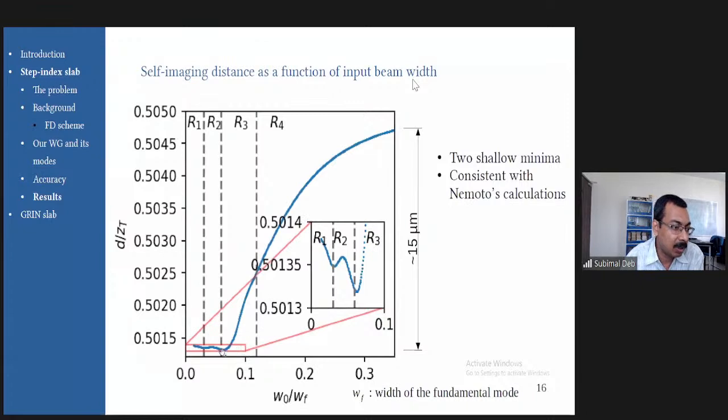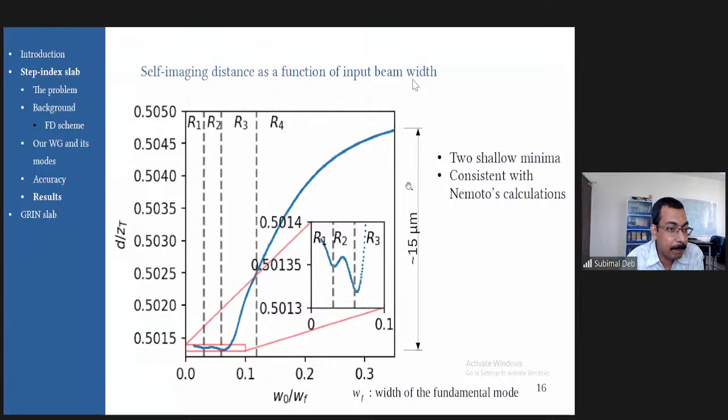And in the non-paraxial domain, we find two minima which occur, and they coincide exactly at the boundaries which were specified by Nemoto. That led us to the conclusion that the way we have analyzed it is correct, because our calculations are in no way related to the way Nemoto did his calculations for the non-paraxial beam.